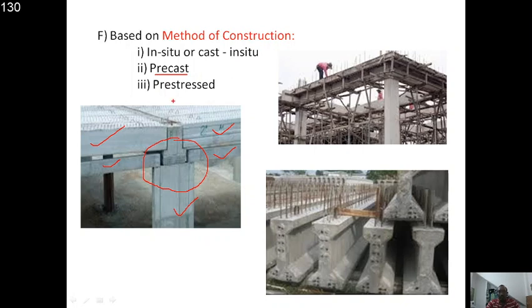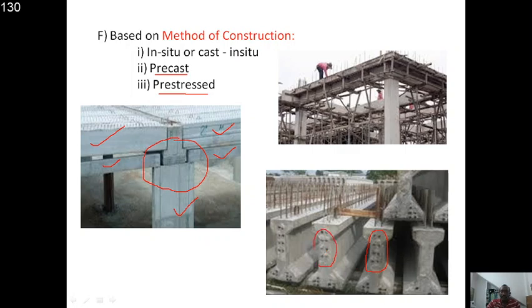And coming to the pre-stressed, generally what happens is that we pour the concrete after the reinforcement is placed, right. And we do not stress the steel bars initially, but for pre-stressed concrete, the steel bars have to be initially stressed before or after pouring of the concrete.